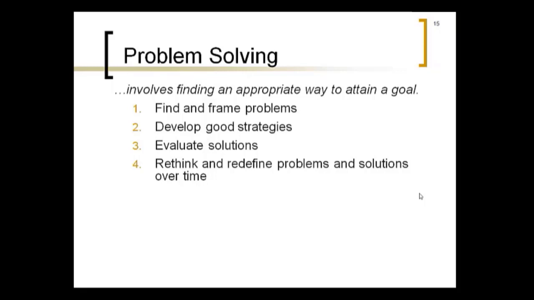The problem is that adolescents, their frontal lobe is not fully developed yet. And then also at any age when you're emotional about a situation, it's very hard to properly evaluate. And so sometimes we go with that first solution that pops into our head. So what we're trying to teach here is slowing down and evaluating the consequences associated with the different potential solutions.